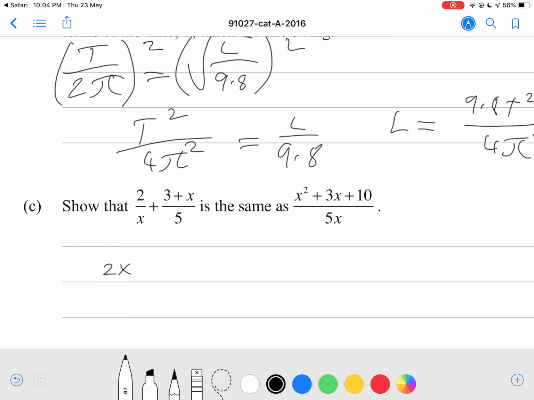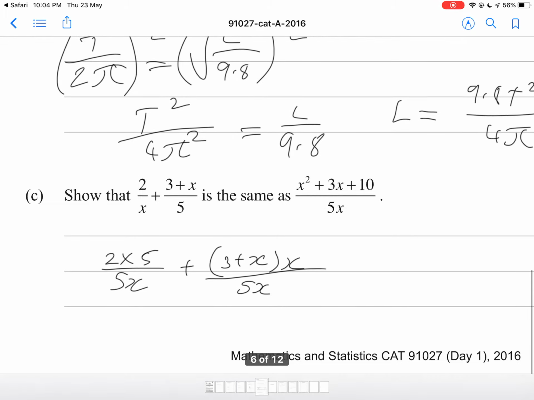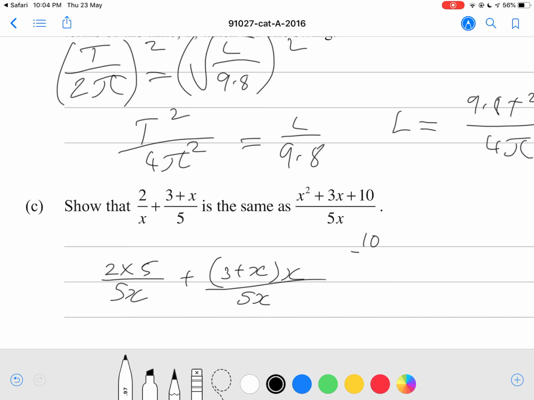So we're going to say that 2 times 5 divided by 5 times x, plus 3 plus x times x divided by 5x, okay? So basically, we can say 10 divided by 5x plus 3x plus x squared divided by 5x.